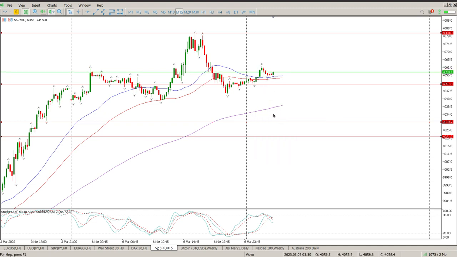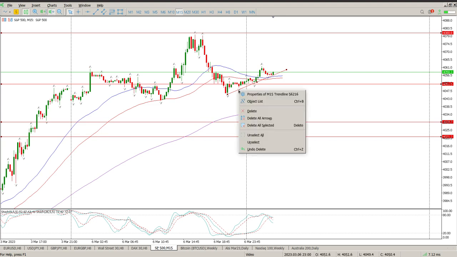So what I'm meaning is this could be a bit of a flag, strong move down, bit of a flag, break this structure to the downside. So another thing that you can do there is just keep that in. That'll tell you when you break it. If you do break it, then you could see a move down at this area, which would also get me excited, which is 40.29 and 40.21 area. That would also be an area to buy.